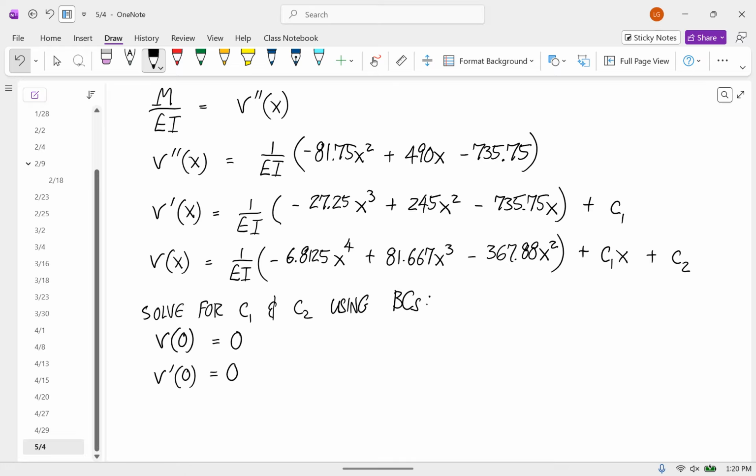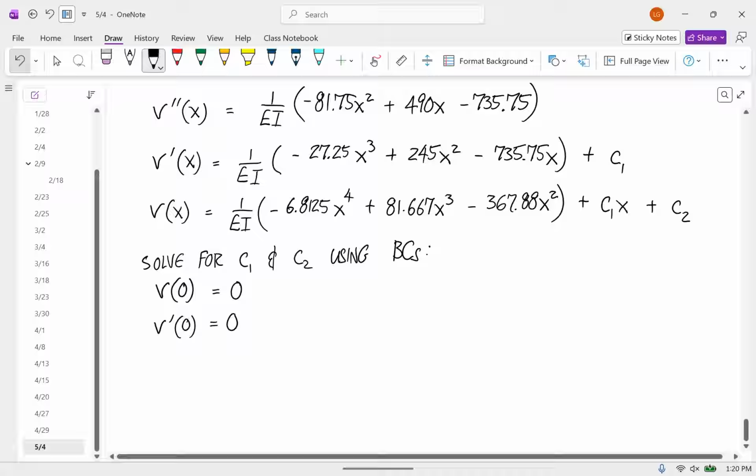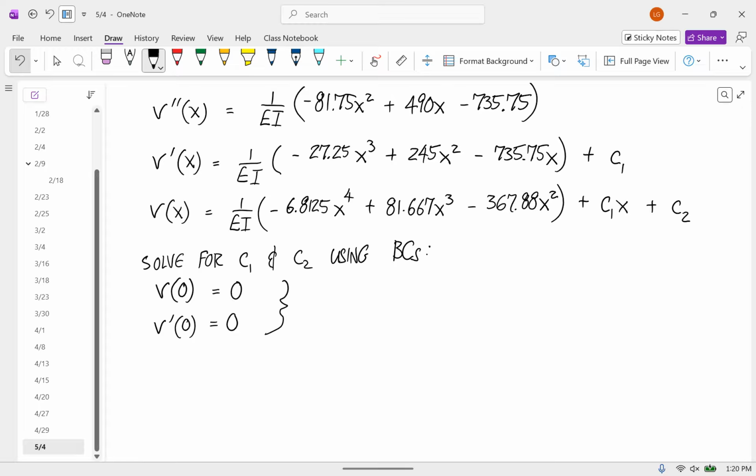You really love it when your boundary conditions are at x equals 0 because it makes all this really easy to calculate. What you would do is plug 0 in for all these x's and calculate these things. I don't have time to go through that carefully, but hopefully you can figure that out. I'll give you a couple of problems to try to work through. This says that C1 and C2 are both equal to 0.